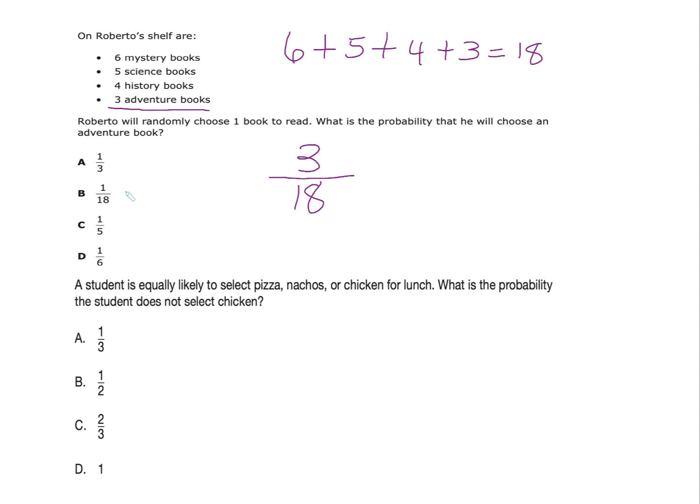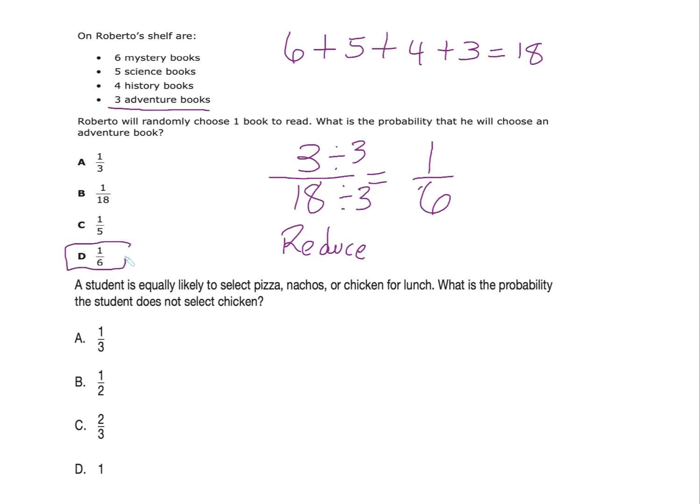So if you get 3 over 18, just check to see if it's there. I noticed it's not there, which means your next step is we have to reduce this fraction. Now 3 and 18 are both divisible by 3. So let's go ahead and divide by 3. And my answer is 1 over 6.